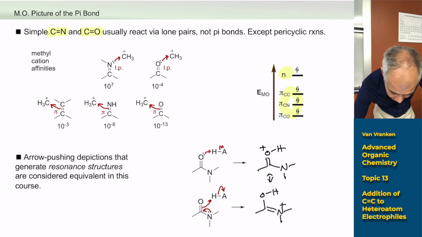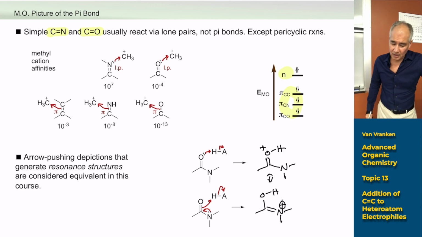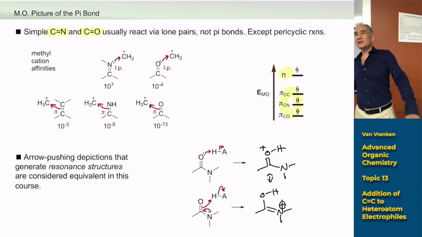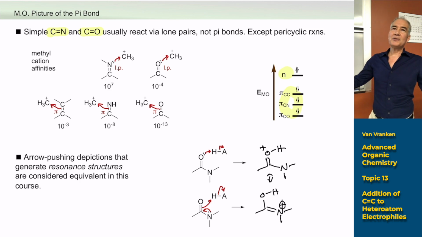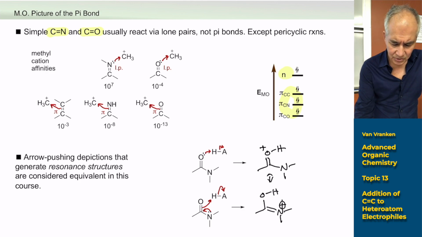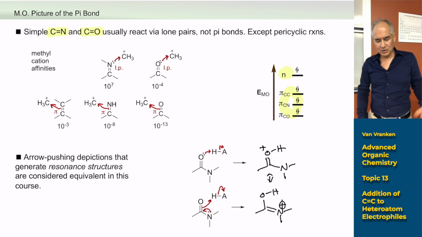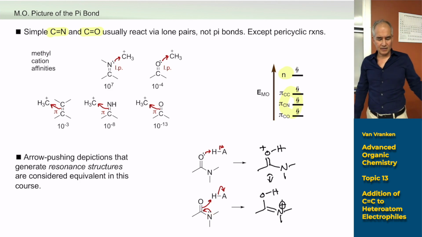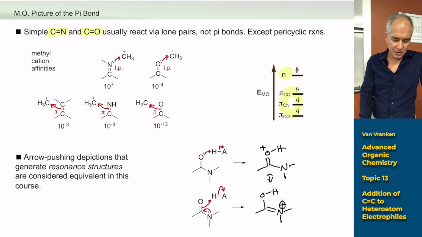I've told you before in this class, if your arrow pushing generates a resonance structure of my arrow pushing, I'll count those as the same thing. It's good enough. So in particular, when you have esters and amides, it's totally okay and appropriate even to start with the lone pair down here. That actually does a good job of representing the frontier molecular orbital, which is very pi-like.